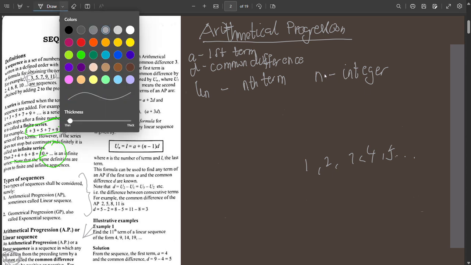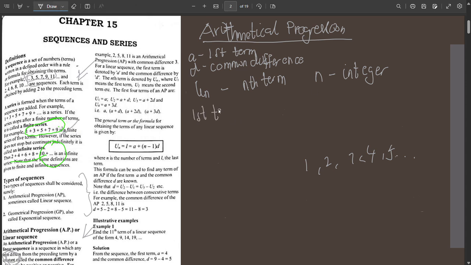Right. So Un represents the nth term. If I want the first term, I'll just write my U and put my 1 here because it's the first. My second term I'll represent with U and then 2 as my subscript.